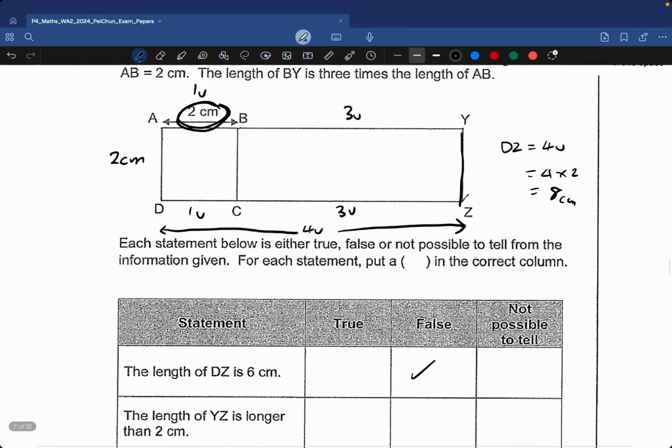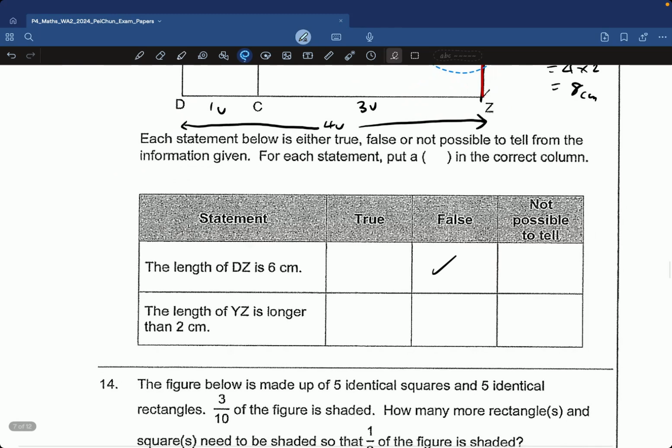So since this is 2 centimeters and the rectangle is connected, let me draw another line. So this is 2 centimeters. And what this means is that this 2 centimeters is also the same as YZ, which is also 2 centimeters. So that means the length of YZ is not longer than 2 centimeters. It's actually equal to 2 centimeters. So this is false.